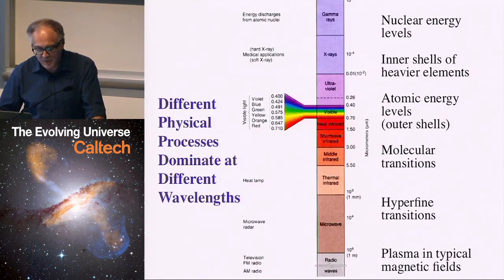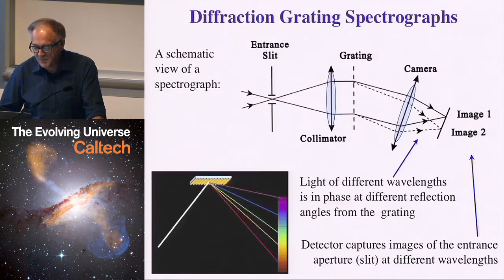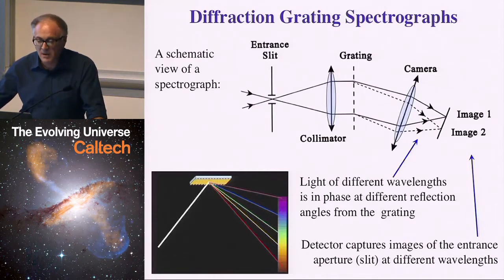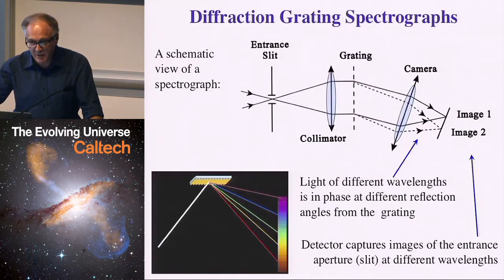The way we measure things is with spectrographs, and everybody's seen pictures of Newton with a prism making a rainbow spectrum. There are almost no prism spectrographs being used anymore, because a much better way to do it is with diffraction gratings. Skipping over a lot of details, a diffraction grating is a piece of glass or metal on which there are little parallel grooves, each of which acts as a little mirror.